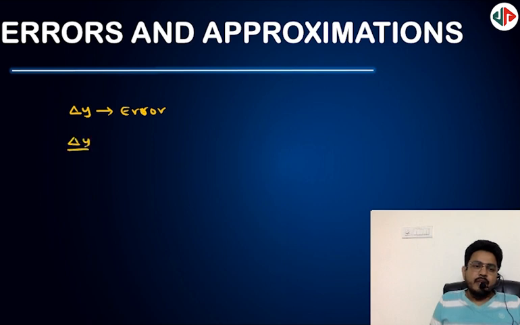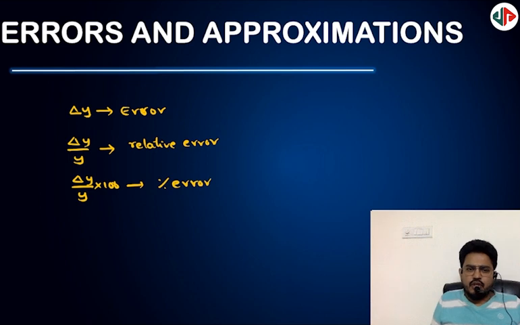Delta y by y is called a relative error. Delta y by y into 100 is called percentage error. So whenever you want to find error and relative error, I would suggest you go for the logarithm.